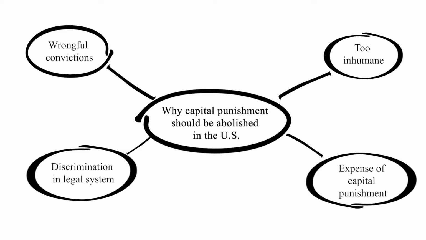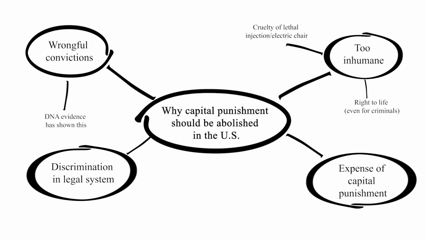And for too inhumane, I already had some ideas in my bullet list. I'm going to add them here: cruelty of lethal injection or the electric chair, and the right to life, even for criminals. And for wrongful convictions, I went ahead and added one. DNA evidence has shown that people have been convicted who were innocent. For discrimination in the legal system, I thought of a couple that I could add.